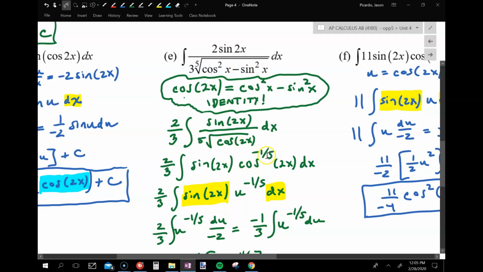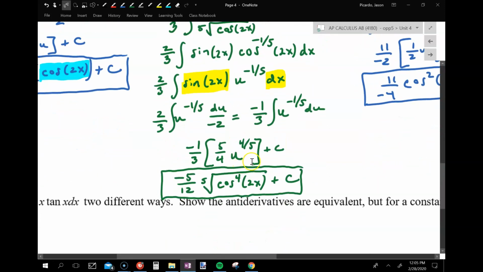I just brought that up top. Let's make it look nice. So there's my u, there's my sine 2x dx. There's my substitution for that. Brought the -1/2 in front, which is where the -1/3 came from. And then took my integral of u to the -1/5.